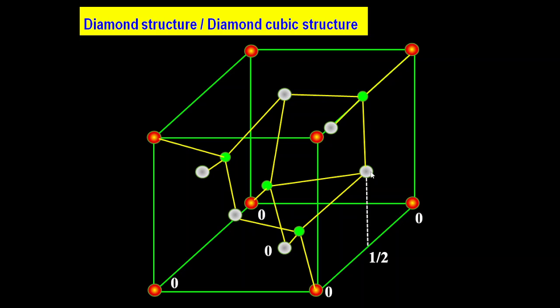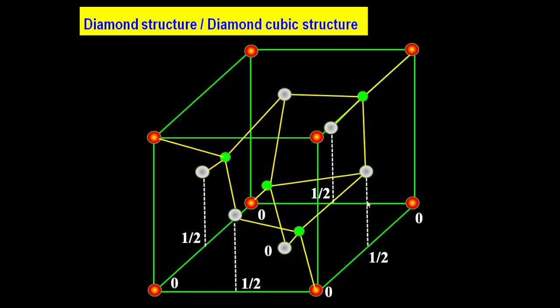Okay, half distance. Similarly, this face centered atom is also at half distance from this edge. Okay, and this center atom is also at half distance from this edge. Okay, this bottom layer has 4 edges.